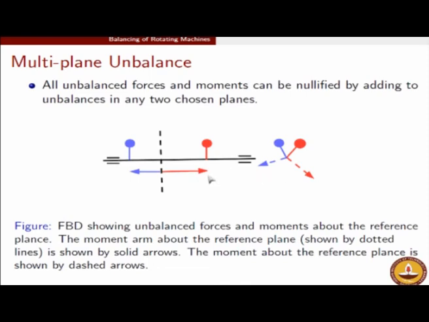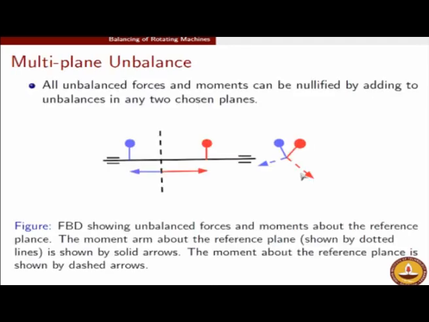The moment due to the unbalanced forces which lie to the right of the reference plane will be 90-degree clockwise, whereas the moments due to the unbalanced forces on the left of the reference plane are 90-degree counterclockwise. So the sense of this 90-degree rotation between the force and the moment is exactly opposite depending upon whether the unbalanced plane is on the left or right.